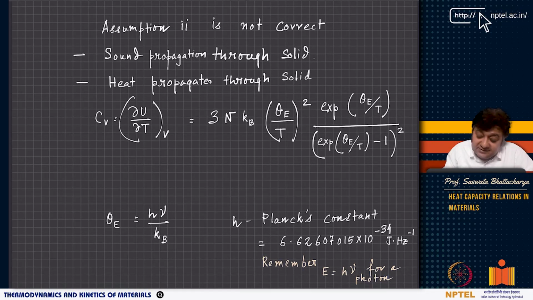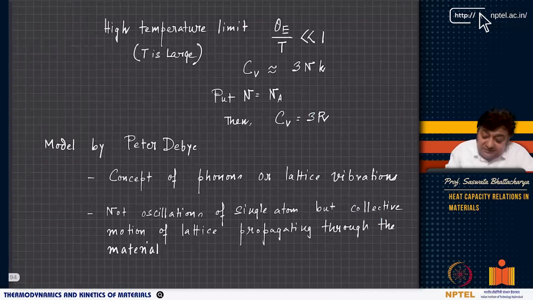So, this becomes very, very small. Here also it is small, and there is a theta E by T whole square, and there is a theta E by T. If you expand and you neglect the terms, you will basically get that theta E by T whole square and theta E by T whole square here and here cancels out, and you will finally get this 3 nkB. So, basically I leave the proof to you.